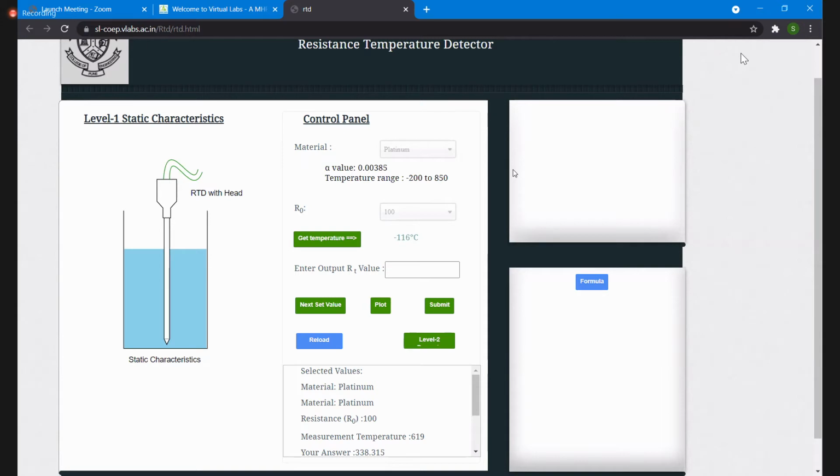Sir, we need to calculate three values, no, sir? Yes, then you can go to level 2.